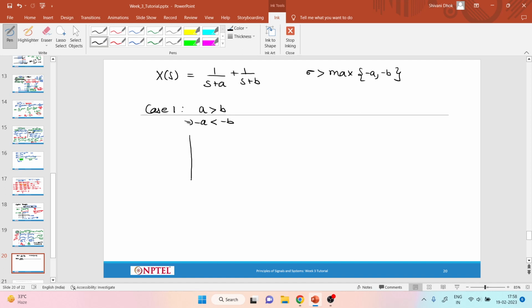So this is the situation that you are having. This is your minus a and this is your minus b. Your minus a is less than minus b, and if I consider the ANDing, then my region of convergence is like this.